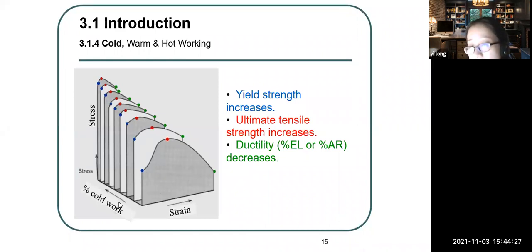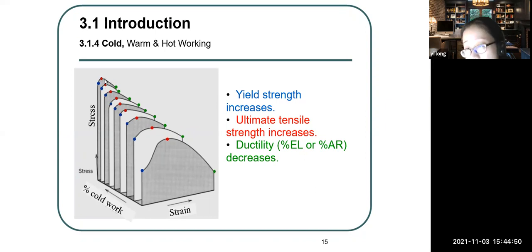So you can see if you have more cold work, you are going to have higher and higher yield strength, which is this blue dot, right? And also higher and higher UTS, ultimate tensile strength, but you actually decrease the ductility.